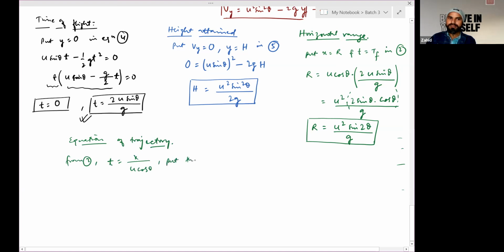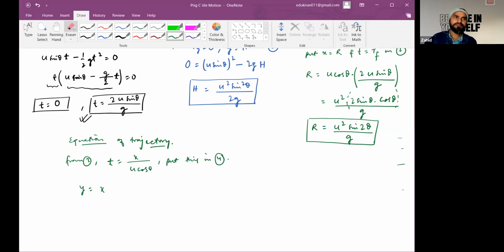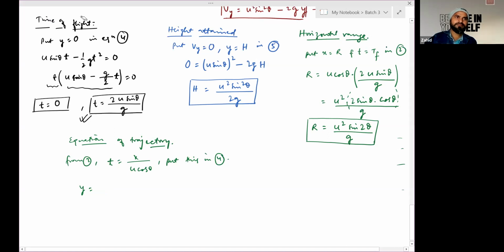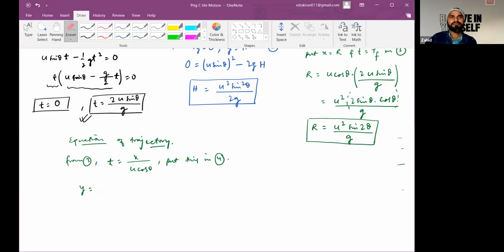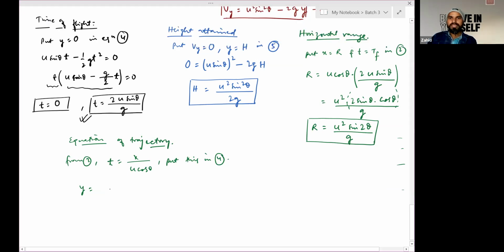If you put this in equation 4, you will get y is equal to x... as we have y is equal to u times sine theta into t minus half g t squared.